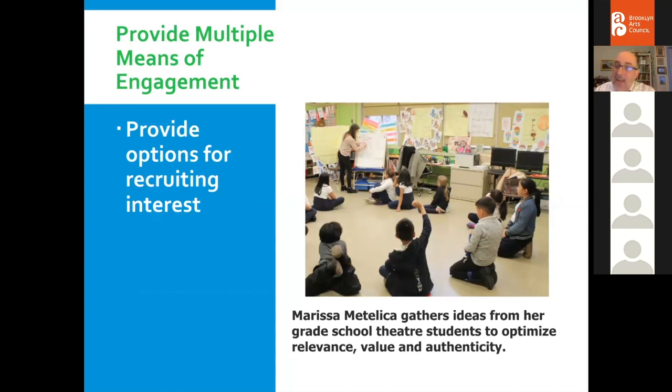This is a way that we optimize relevance, value, and authenticity. We know that if we include the ideas from the students' work, they're more likely to continue participating. And indeed, you see the students looking at what she's writing, and one of the students has his hand raised to offer yet a new idea.